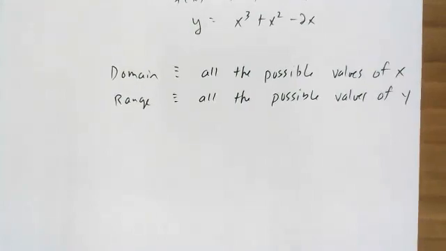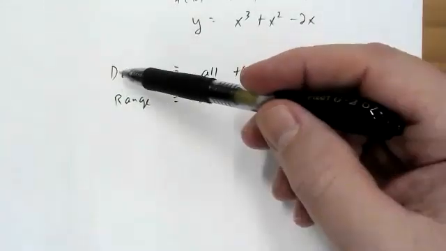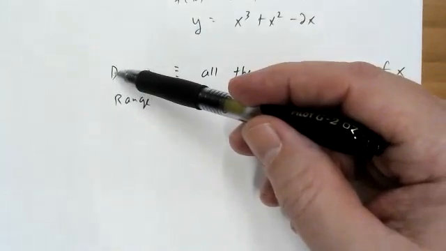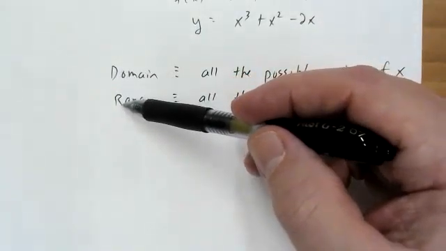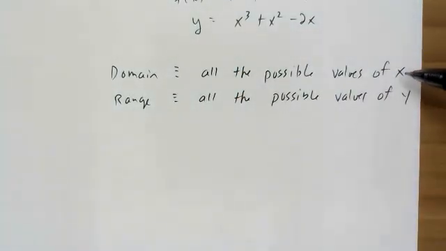I just think of the alphabet, right? Domain and range, D comes before R in the alphabet in the same way that X comes before Y. So if I'm asked in some problem to determine the domain and I think, oh boy, is domain X or Y? I just think of the alphabet. Domain comes before range, just like X comes before Y.